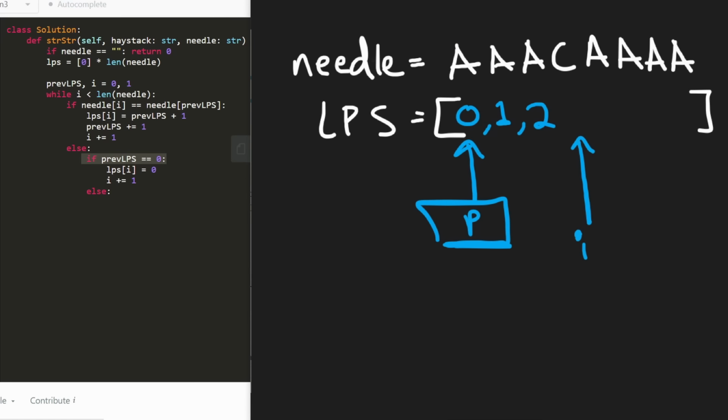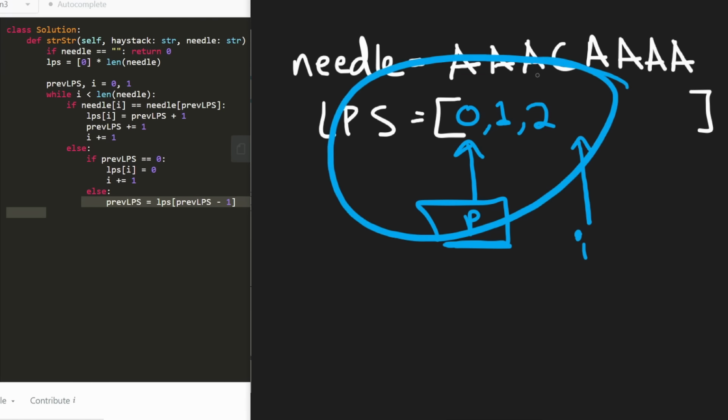I was talking through this, but I probably should have coded it up at the same time. So let's fill in our else case to set the previous LPS pointer equal to LPS at the index of previous LPS minus 1. This is the value our previous LPS pointer is going to be set to. Notice we don't increment our I pointer here because it doesn't make sense in the context of this drawing.